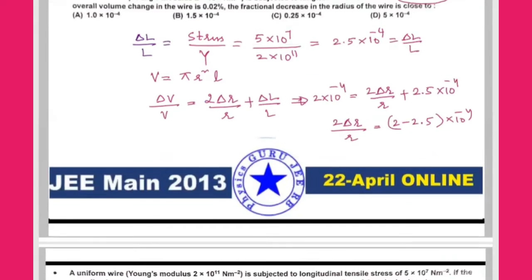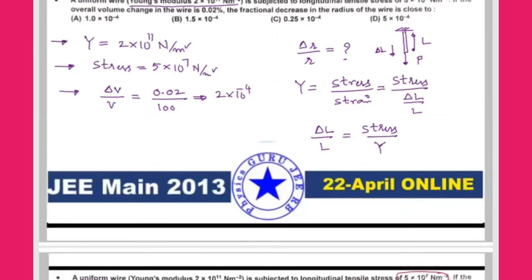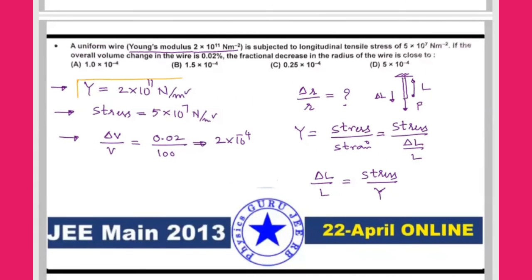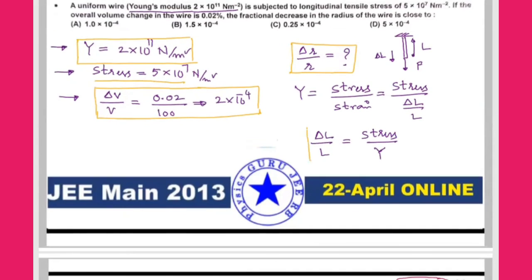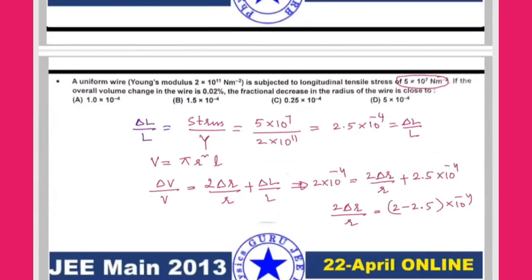So what are the things that we used here? First, Young's modulus is already given, Y equals 2 into 10 to the power of 11. Stress is given. Delta V by V we calculated, and we have to calculate the fractional change in the radius. I took the Y equation, delta L by L equals stress divided by strain, so delta L by L equals stress divided by Y, and by substituting the values we got it.